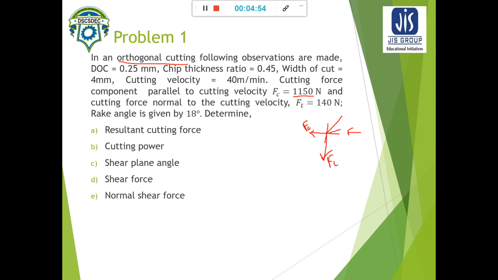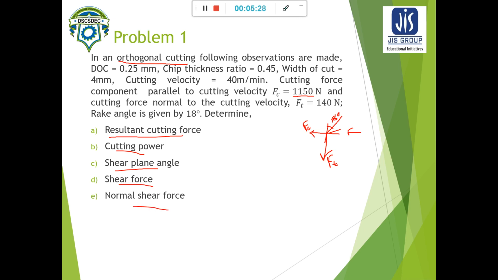Now the rake angle is also given as 18 degree. So 18 degree is our rake angle. What we have to determine: first the resultant cutting force, next cutting power, next shear plane angle, and next shear force and normal shear force.